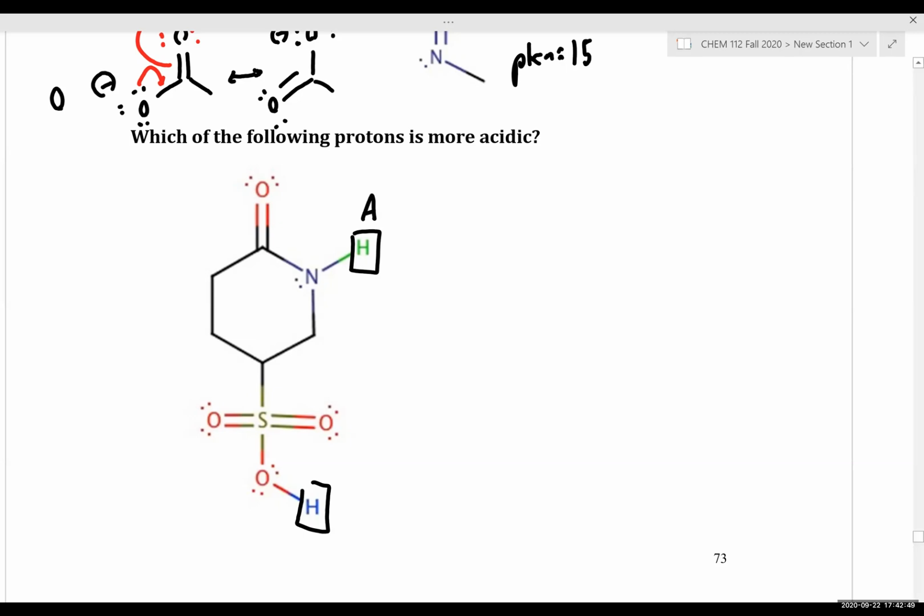So comparing proton A and proton B, I'd like you to provide a reasonable argument for which proton is most acidic. And we'll discuss this example in about 2 minutes. And if you have any questions when working through these problems, don't be shy to ask them in the chat.